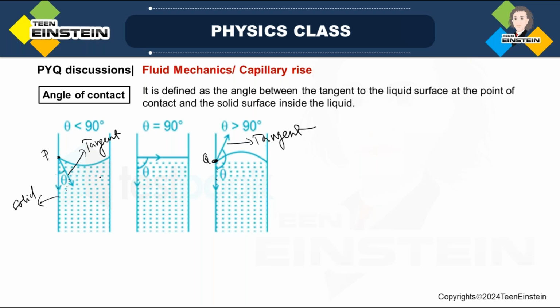But this angle of contact depends on different factors. Let me write here. Angle of contact depends on how many factors? First is the nature of the solid and liquid in contact.